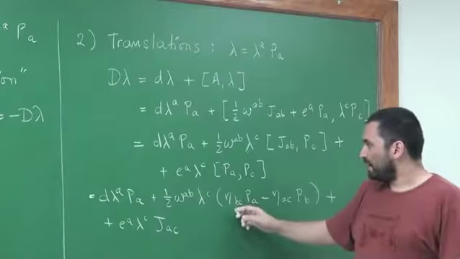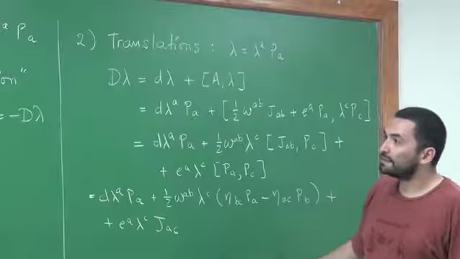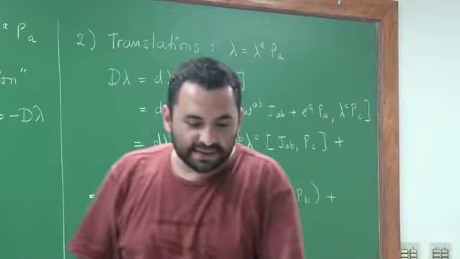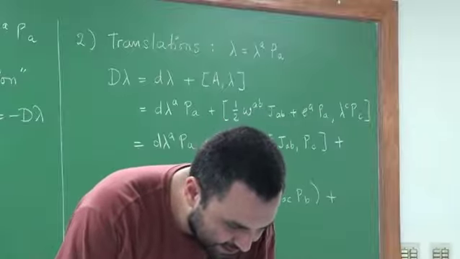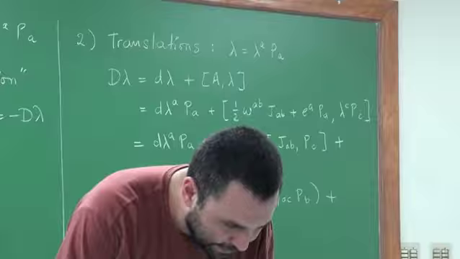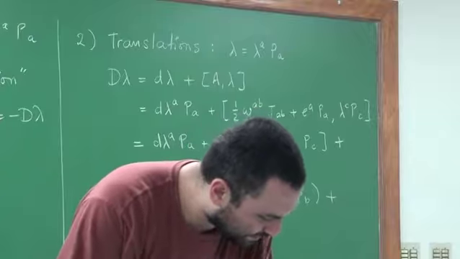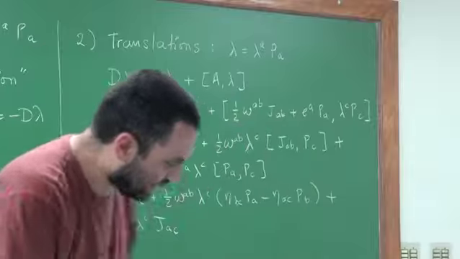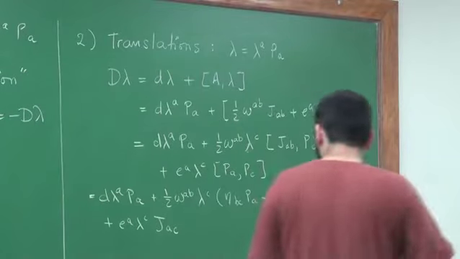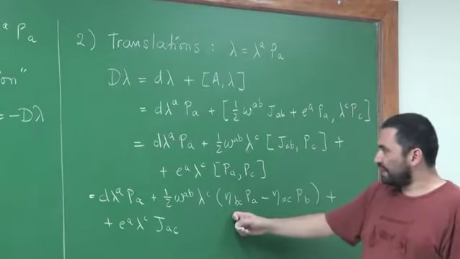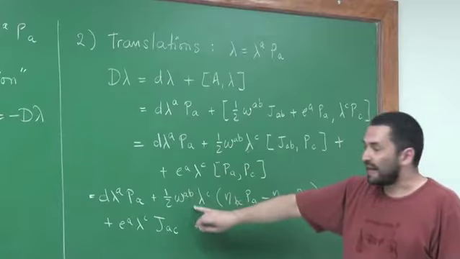And here, let me see if I got the signs right. Okay, so here it is eta BC takes this index down.